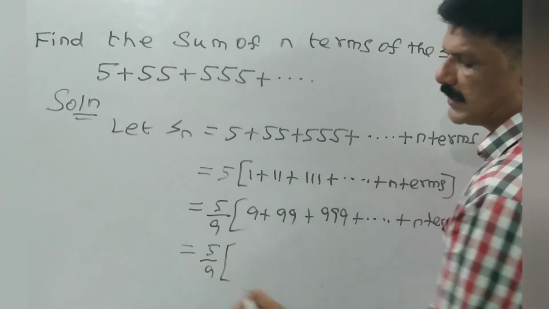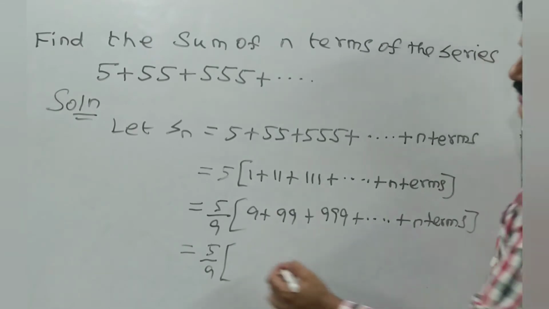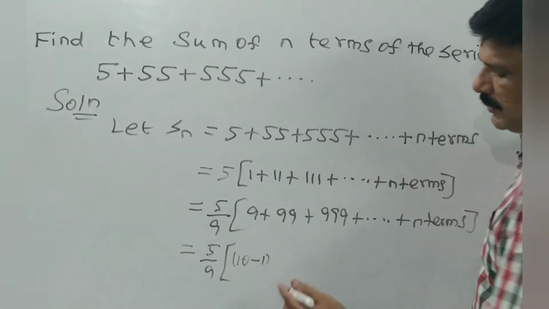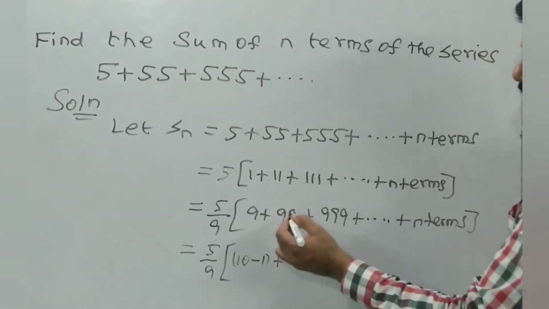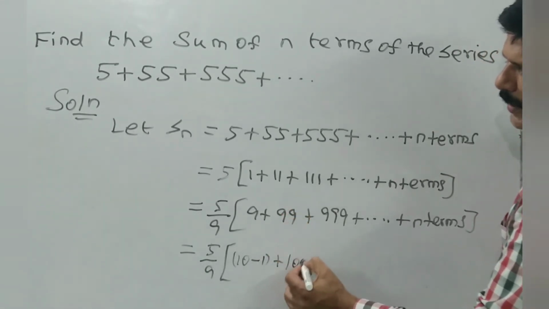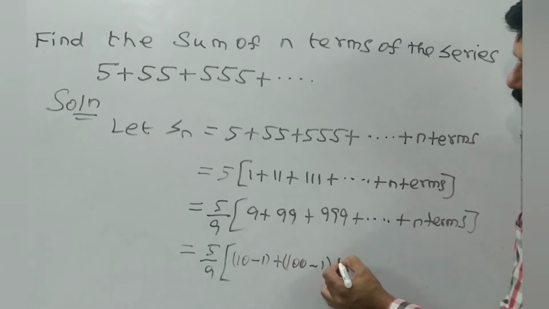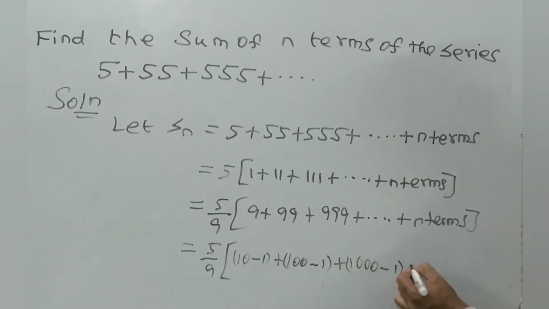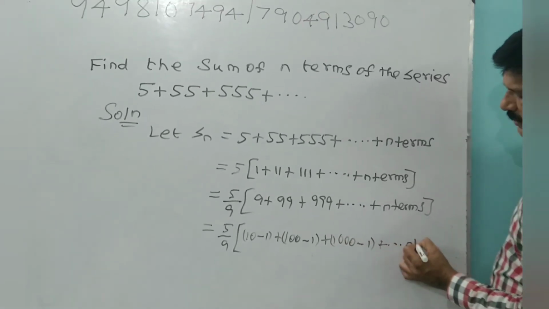Then we can write 9 as 10 minus 1. Plus 99 as 100 minus 1. Plus 999 as 1000 minus 1. Plus etc. n terms.